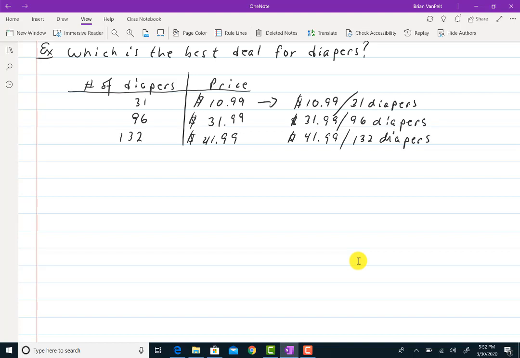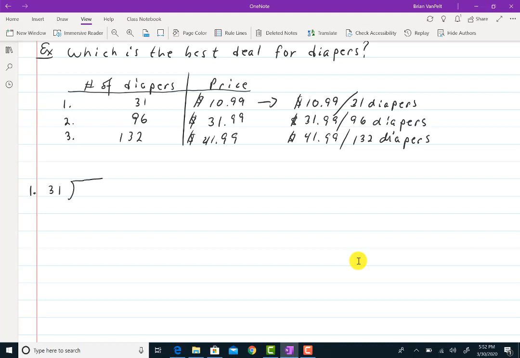Now to convert to the unit price for each of these, I'm going to have to do long division. So let's start with 10.99 divided by 31. So we'll call this 1, 2, and 3. So I'm doing part 1.